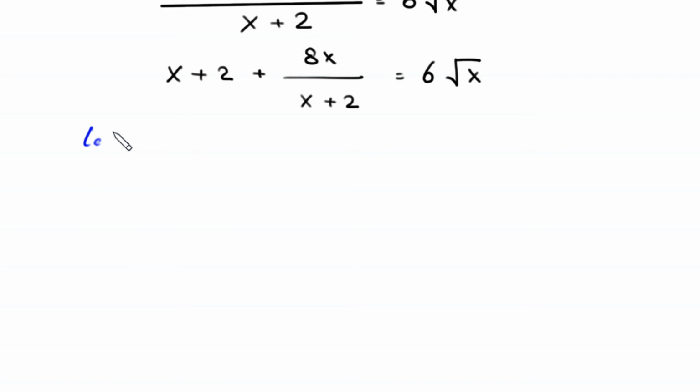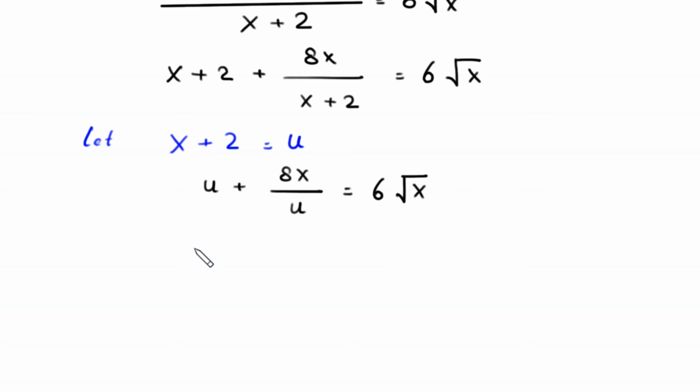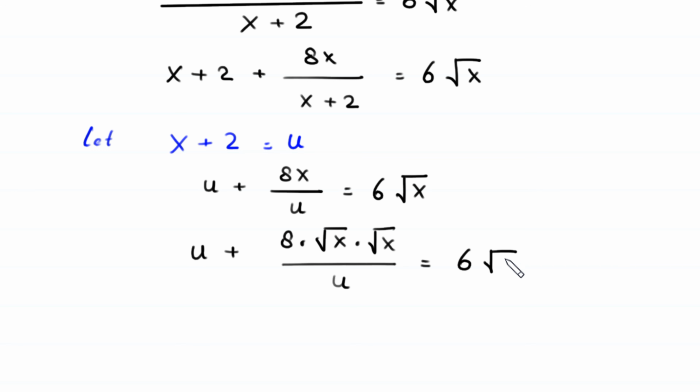We suppose that x plus 2 equal to u. So the equation will become u plus 8x divided by u equal to 6 times root x. Next, 8x can be written as 8 times root x times root x, divided by u, equal to 6 times root x, and from here we divide both sides by root x.